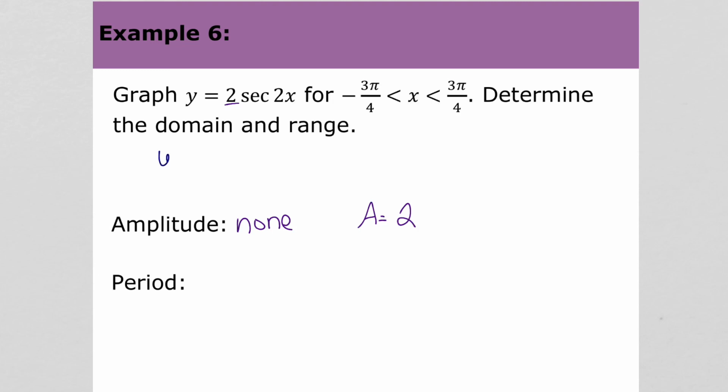Recognize that we're going to be graphing y equals 2 cosine of 2x and using that to help us. So the period is 2 pi over b. b in this case is 2, so the period will be pi.